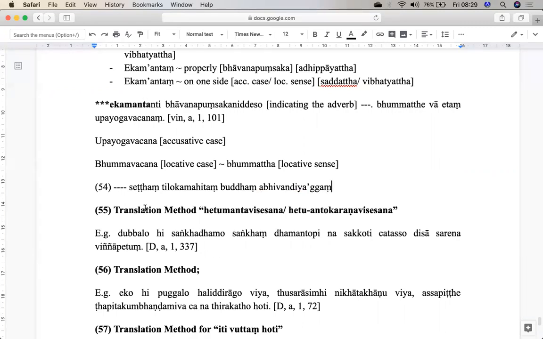Sitan, diloka mahitan, bodhan, abhiwandiyagan. Here three adjectives: sitan, and diloka mahitan, and the last one is ekan. They modify the bodhan. So three modifiers: abhiwandiya, having worshipped the Buddha, that is in English. Sitan, who is the best; diloka mahitan, worshipped by the threefold world; and ekan, the highest one. In English, there is no difference.